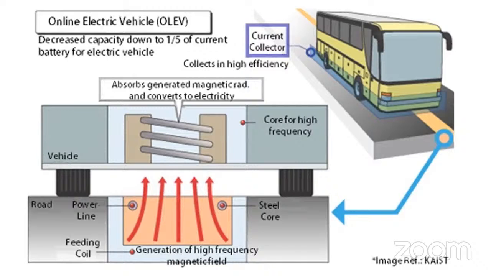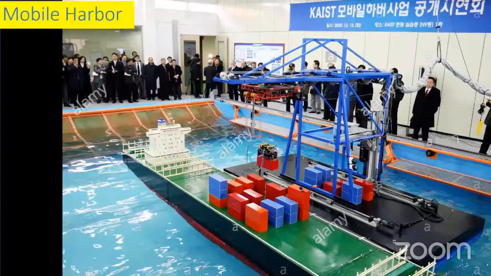You have the coils that create an electric field. The coils in the vehicle. Korea has a west coast, so sandy and sloping, and an east coast that's open to the Sea of Japan. And the idea would be that you don't need harbors, which are rather destructive to the environment. Wetlands and things are important.